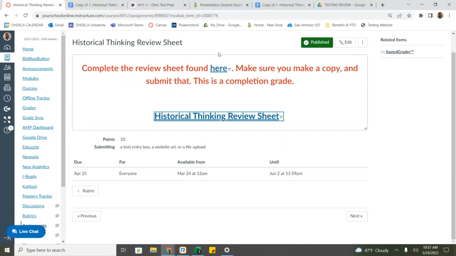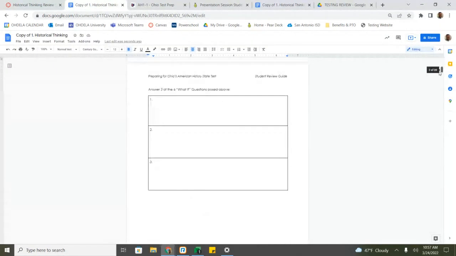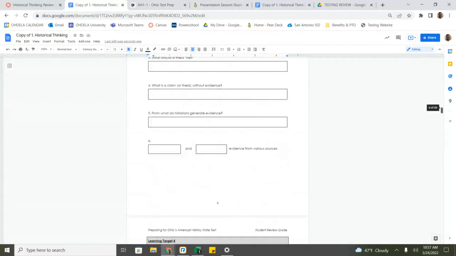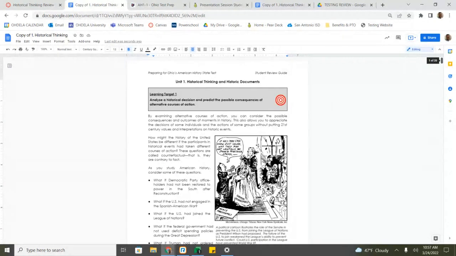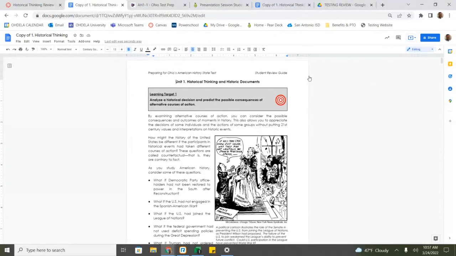It's also just a completion grade. Guys, if it's not working, try it in Canvas modules. But yes, to what Marianne's saying, it's a 20-page document. It's a lot. It's big, which is why I just made it a completion grade, and why it's a little over a week.